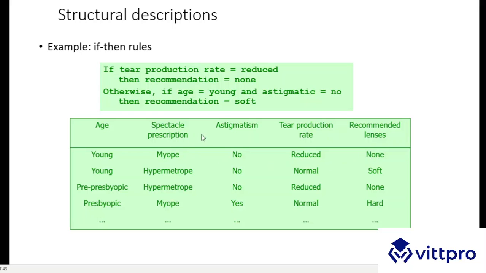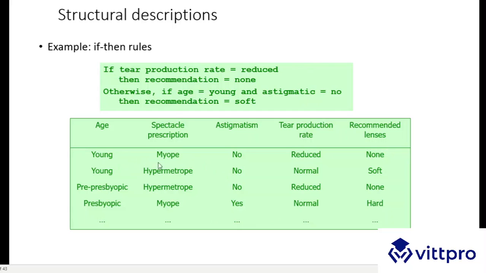So if this is happening, then no lens is recommended. If young and hypermetrope and not astigmatic and the tear production rate is normal, then you are getting soft lenses. If this is the age of the person and the rest is normal, then you are not getting any lens, or you are getting a hard lens. So basically what you are doing is you are telling the system what happens.